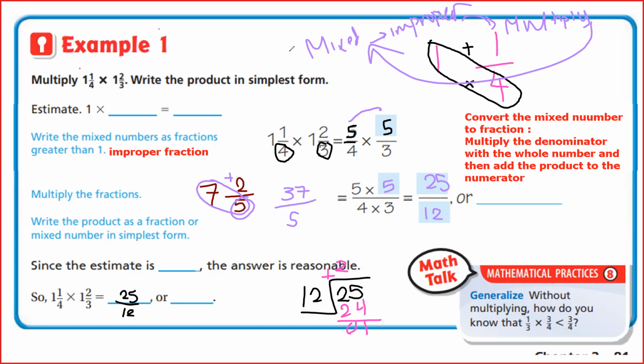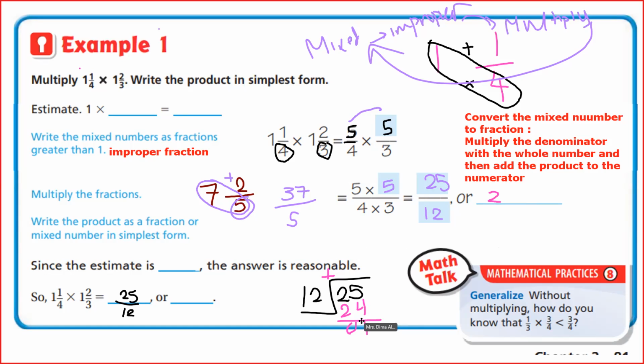Got it? So, if I want to convert from an improper fraction to a mixed number, I have to divide. The first one, from mixed to fraction, I have to multiply and add. Here, to get it back, I have to divide. So how can I write it? Look at me. The quotient here is 2. So take the 2 and write it as the whole number.